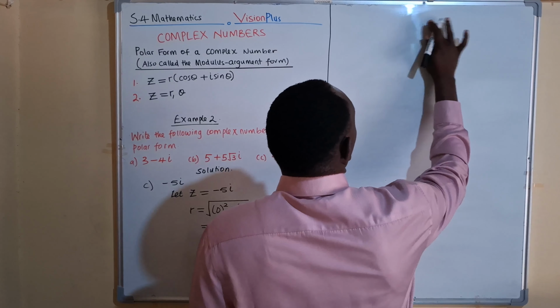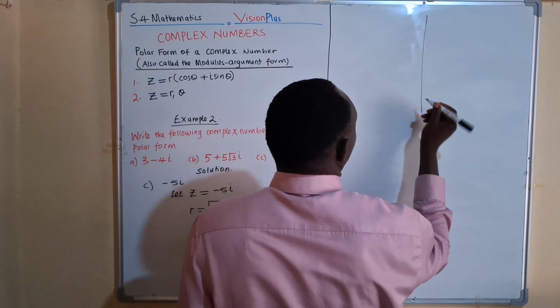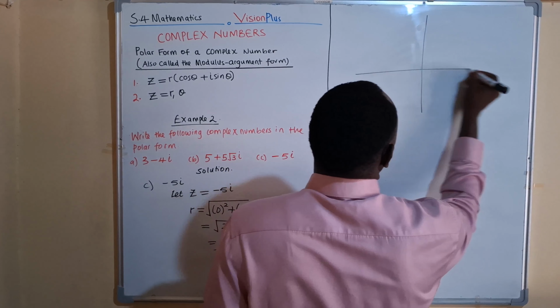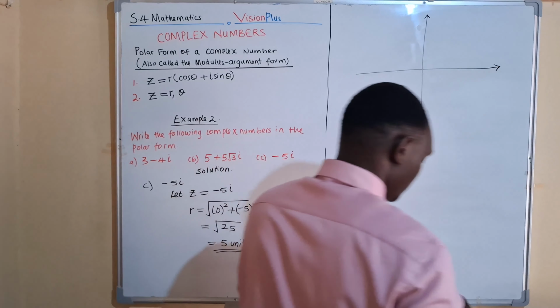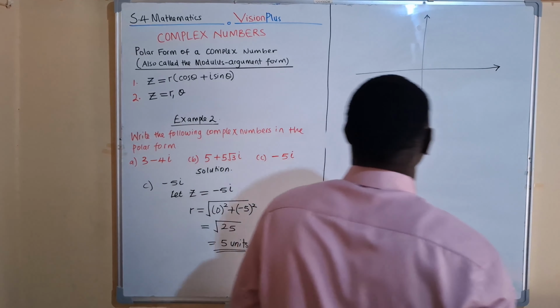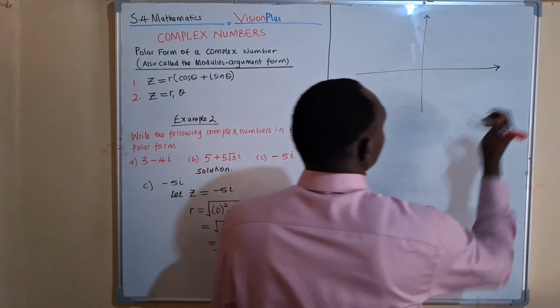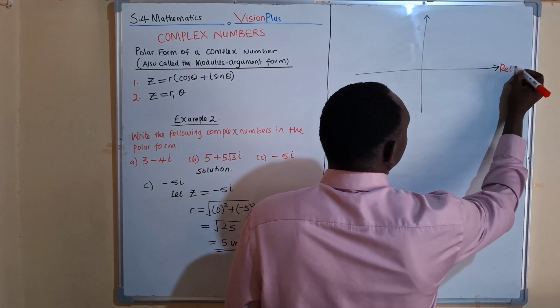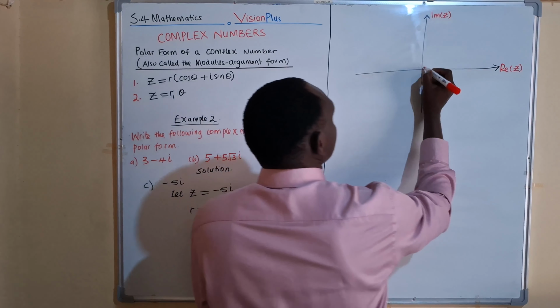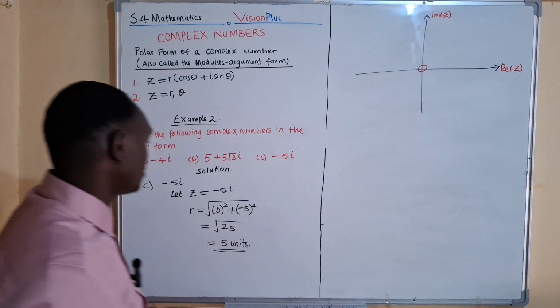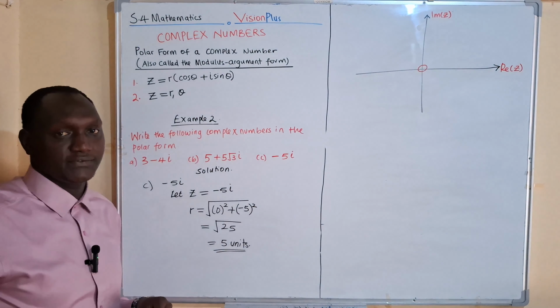Then going to the next part, we need to find the argument of this complex number. That means we need to represent it on the Argand diagram. So this is the real axis of this complex number. This is the imaginary axis of z. This is the origin. Now we need to indicate negative 5.